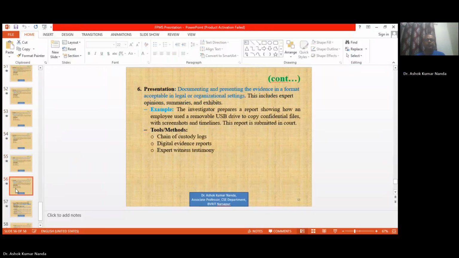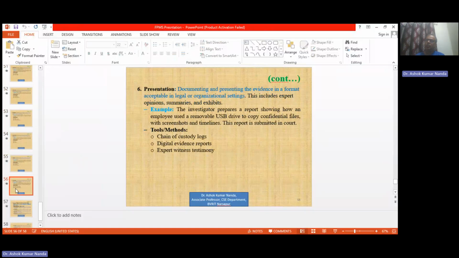Presentation. This is the last phase of digital forensic. Whatever information we have collected up to now, we have to keep in our report. We have to generate one report.